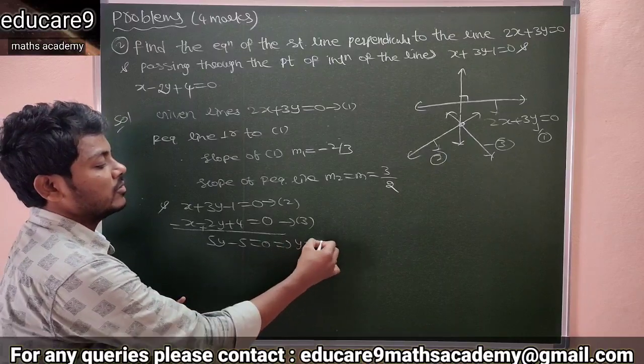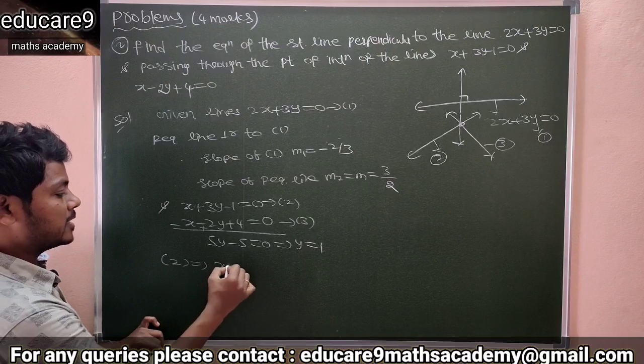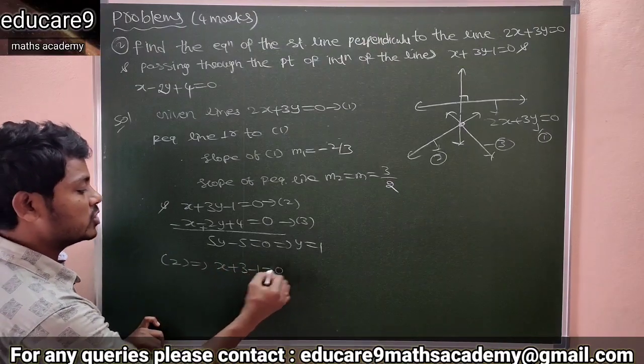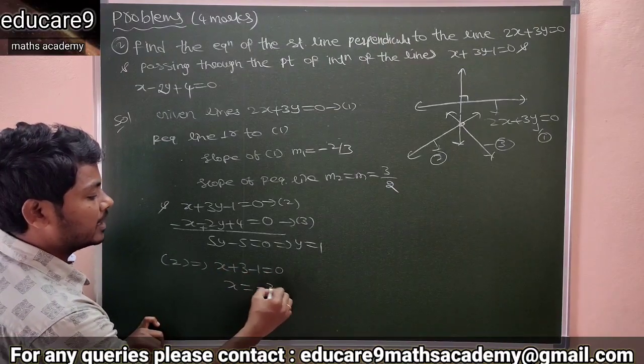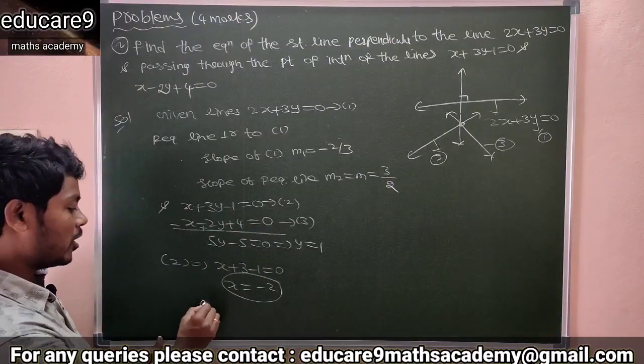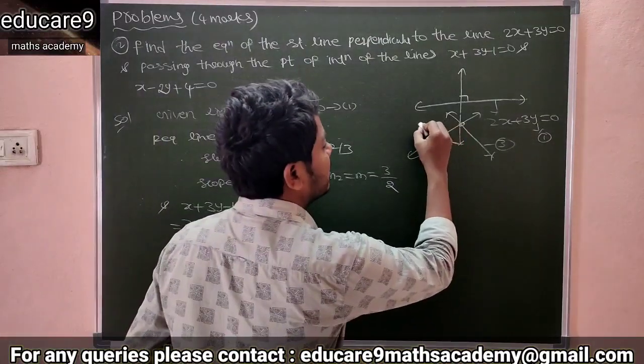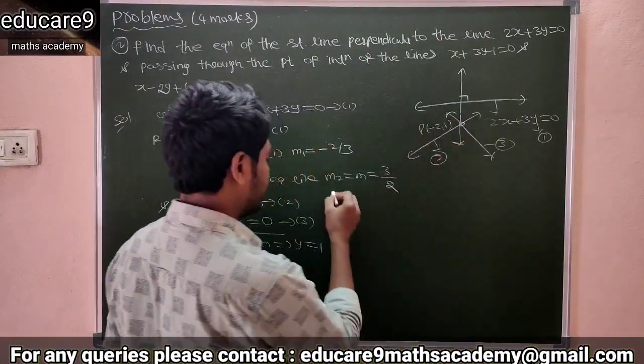So y is equal to 1. Therefore from equation 2, x plus 3 minus 1 equals 0, x is equal to minus 2. Therefore the point P is minus 2 comma 1.